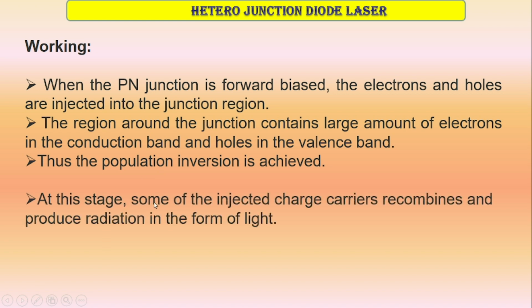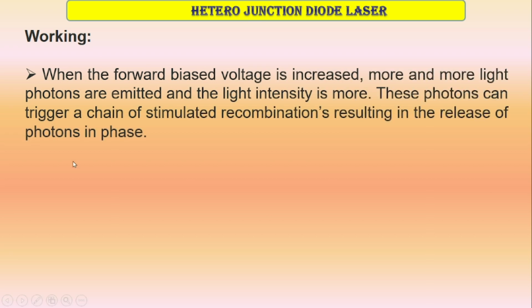At this stage, some of the injected charge carriers recombine and produce radiation in the form of light. When the forward bias voltage is increased, more and more light photons are emitted and the light intensity is more. These photons can trigger a chain of stimulated recombinations, resulting in the release of photons in phase.